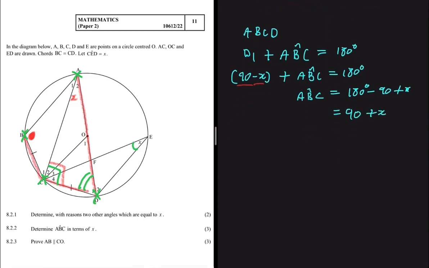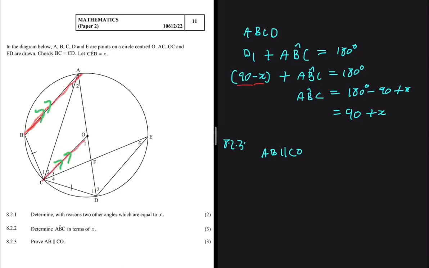And we have determined the size of angle ABC. And then last but not least, 8.2.3 says let's prove beyond reasonable doubt that AB is parallel to CO. So let's go ahead and look at AB and CO and see what we can do there. We have AB here, and this is CO. They're telling us that these two are parallel, and we're supposed to prove that.